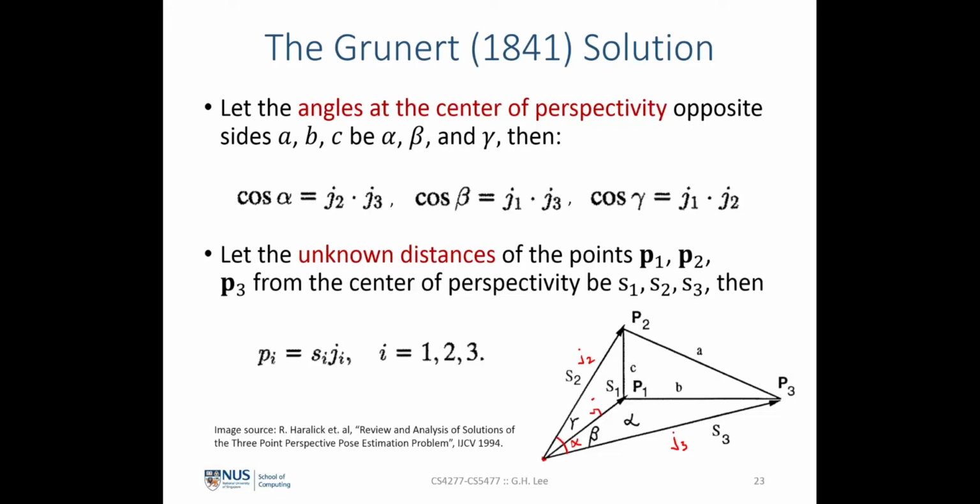So we can then denote Pi as equal to the magnitude, the scale, the unknown depth, multiplied by the unit vector in the direction of that particular point. So in this case here, Pi is actually a known entity because we are given the 3D point in the world frame, and J here is also a known entity.